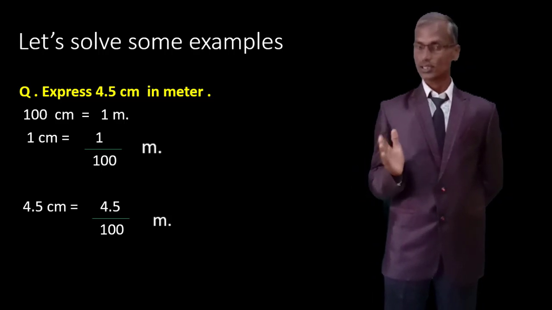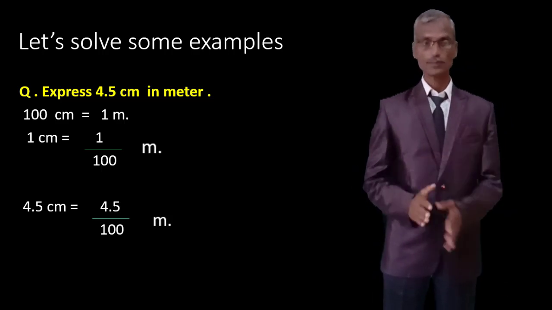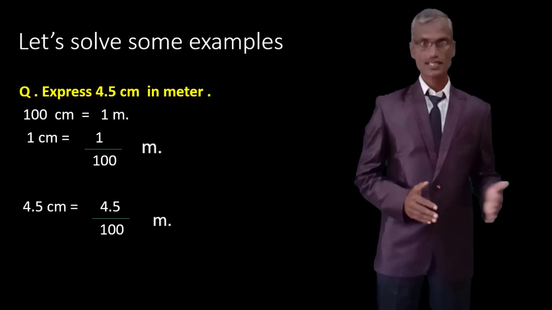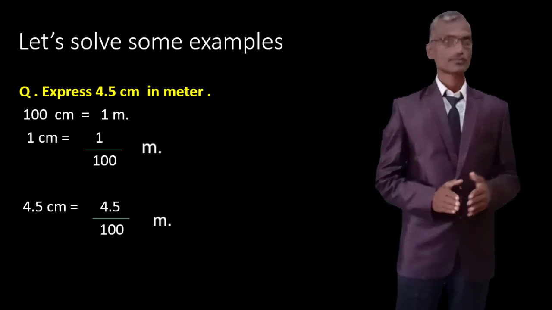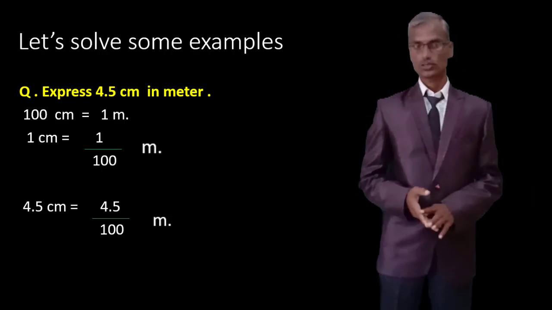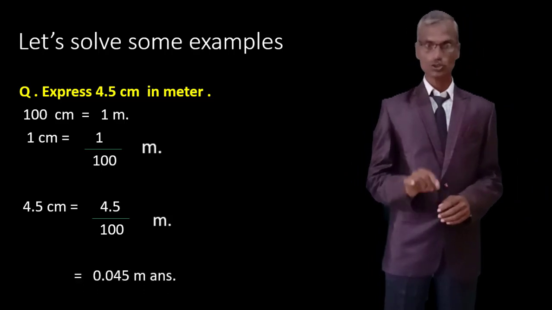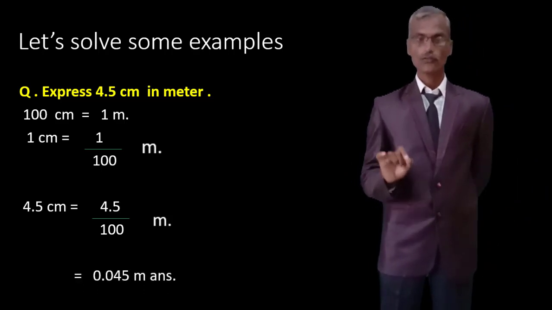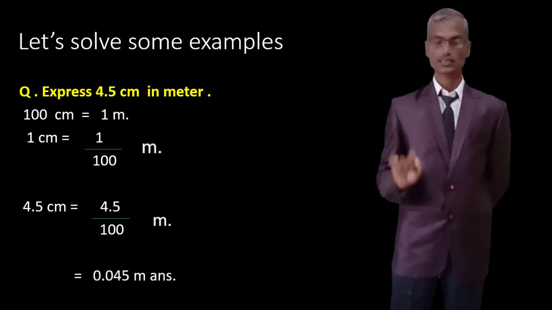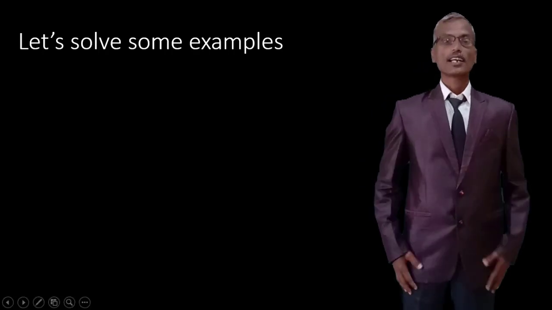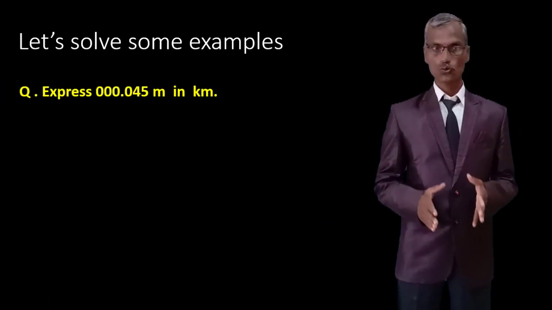Now, the decimal point will shift 2 places to the left. It will be equal to 0.045 meter. Answer.